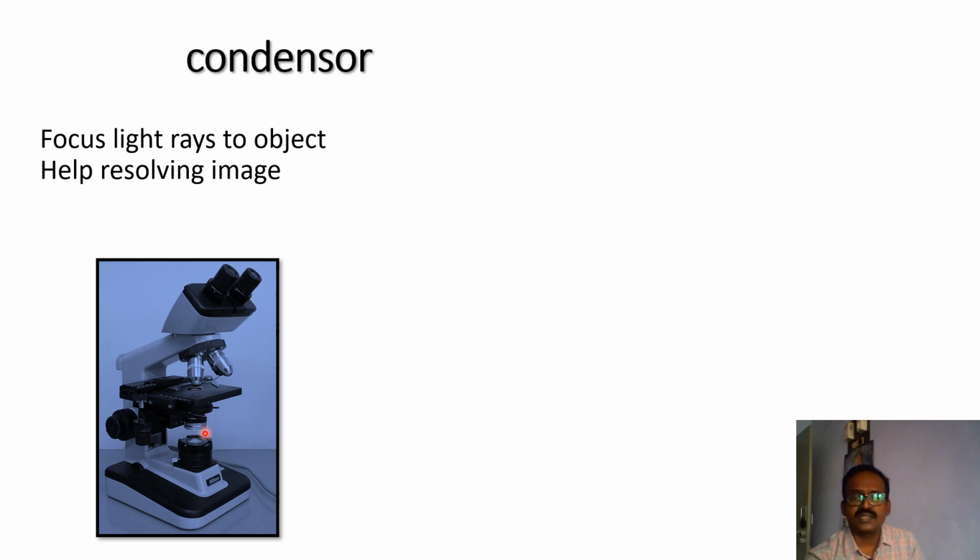The condenser should be lowest for the low power objective lenses, slightly elevated for the high power objective lenses, and fully raised for the oil immersion objectives. So the condenser is adjusted according to the objective lens we are using.